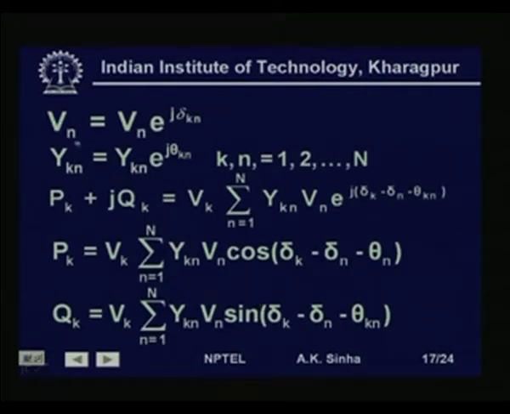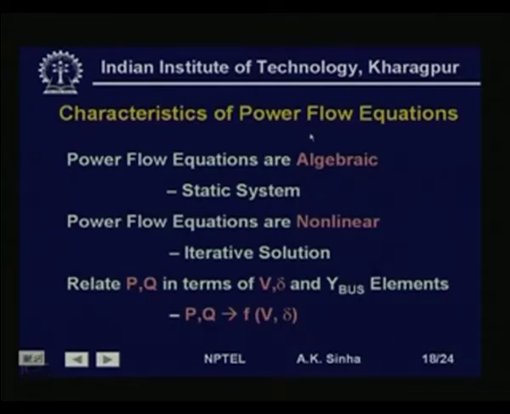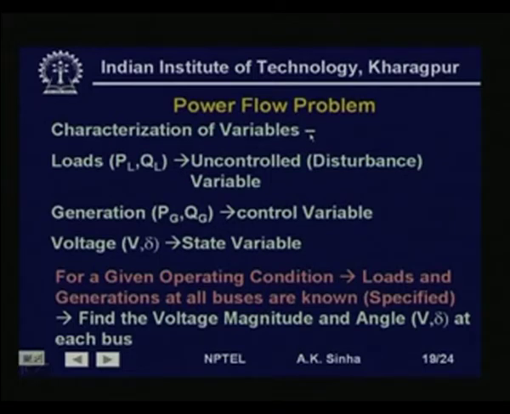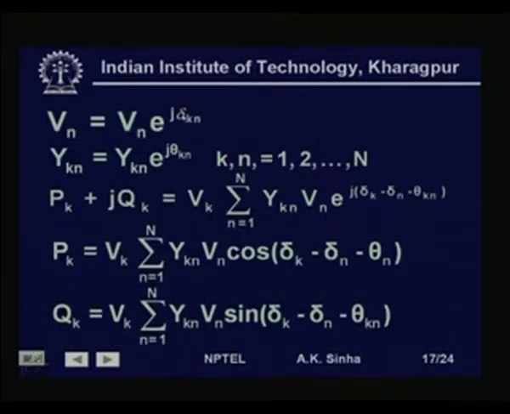Now, we know Vn, the voltage at bus n, is a phasor, and it is equal to the magnitude Vn into e to the power j delta n. This k should not be here.